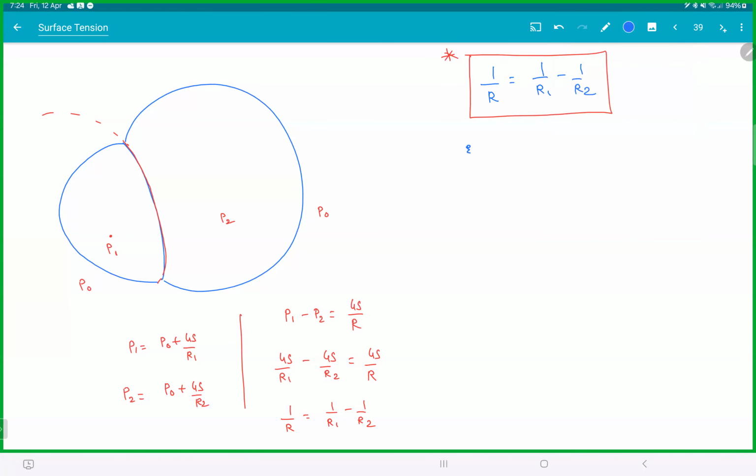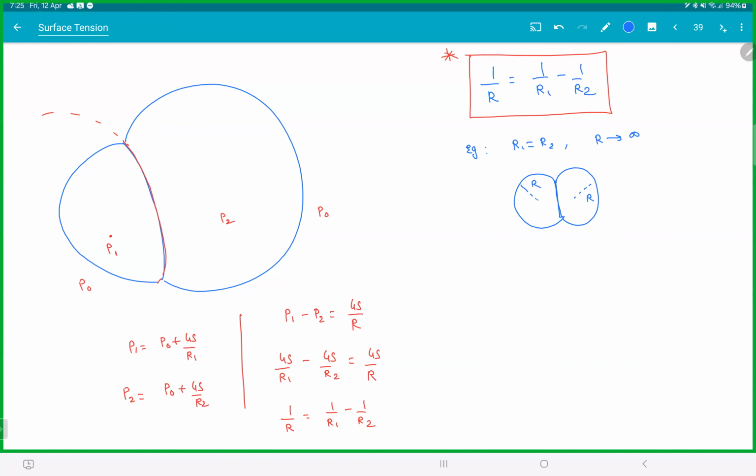For example, if R1 is equal to R2, then R will tend to infinity, meaning it becomes a straight line. If you have 2 equal bubbles, this is how it would have looked. What about the angles?